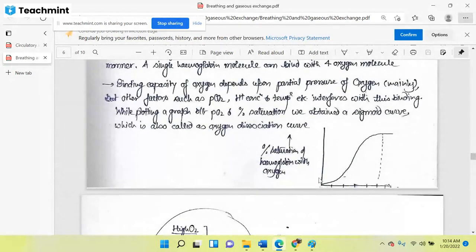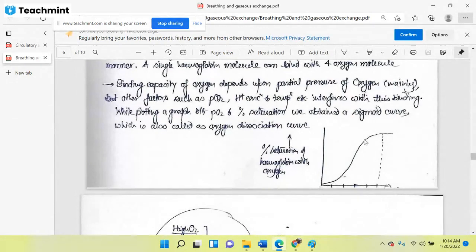So what happens, just see this scale where we are representing the partial pressure of oxygen. Whenever we increase the partial pressure of oxygen, the percentage saturation increases at a higher rate. You can see it is increasing at a higher rate, and after some time it becomes linear.